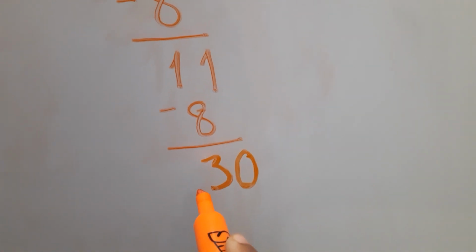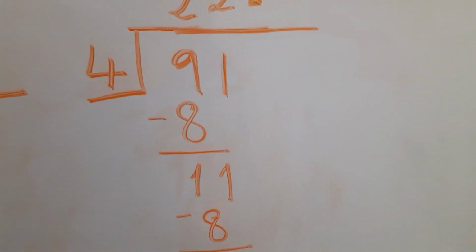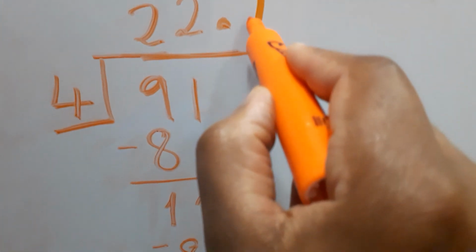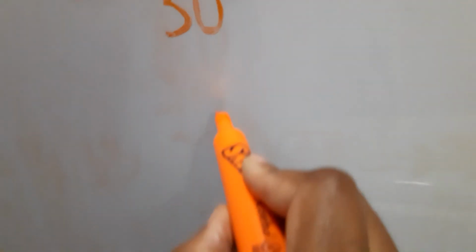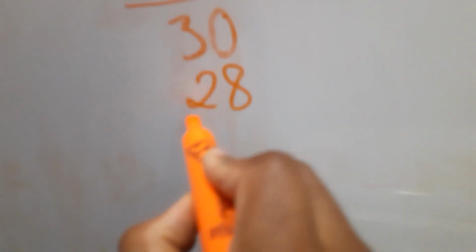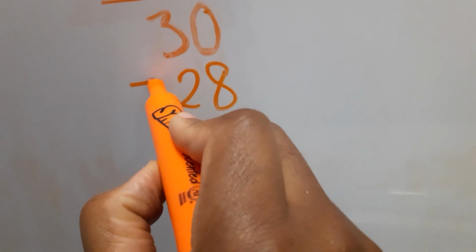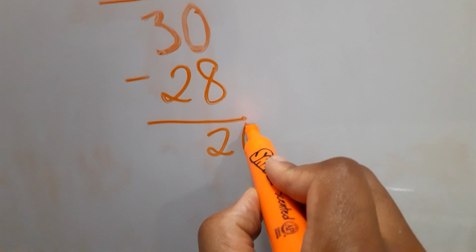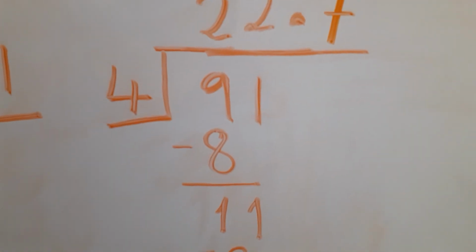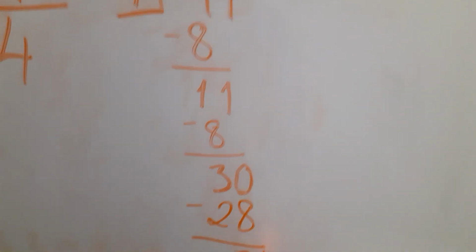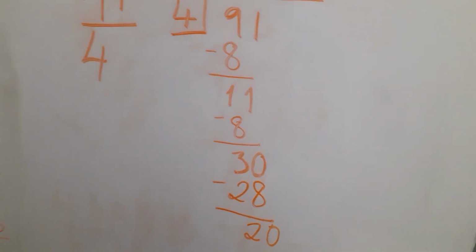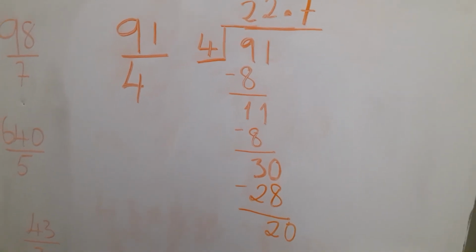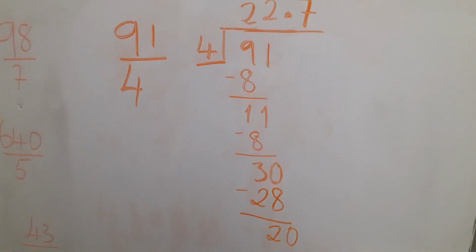30 divided by 4. We know from our 4 times table that 4 times 7 is 28. So we will have here 7 and 28. And 30 take away 28 is 2. So if we add 0, 20 divided by 4, from our times table, we know that 5 times 4 is 20.